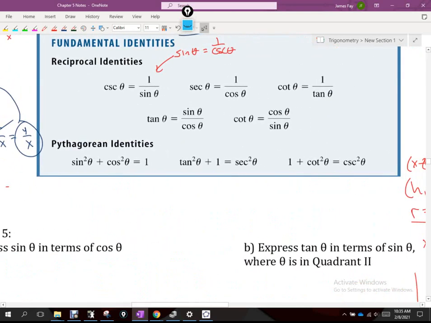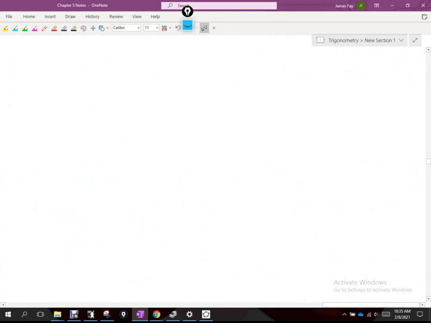Learning these other two is a practice of division. What I'm going to do is take sine squared theta plus cosine squared theta equals 1. And now I'm going to divide everything by 1, and it's just going to give me the same thing, right?